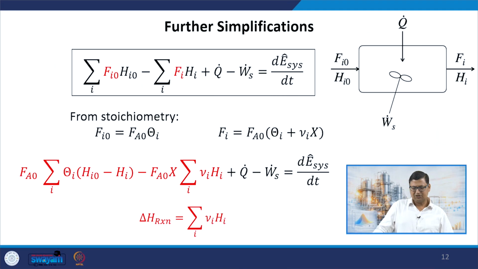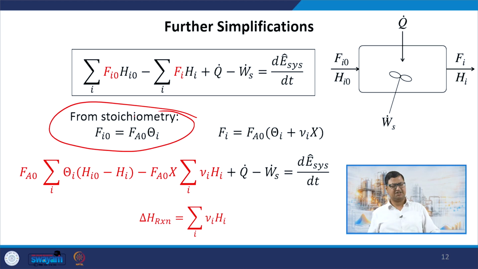Now, we will try to simplify this a bit further and apply it for the reaction example that we are doing. The very first thing that we will do is, we know from stoichiometry that I can define a quantity theta I, that is the ratio of the molar flow rate of species I with the molar flow rate of the limiting reactant, which is A in this case.